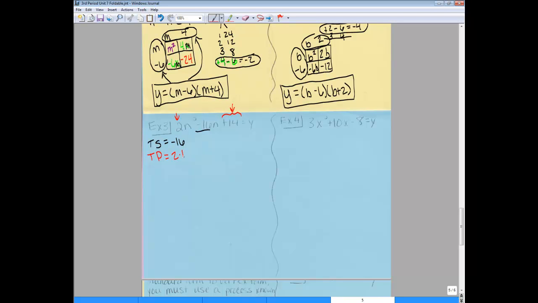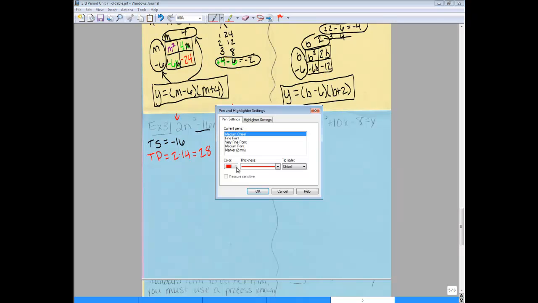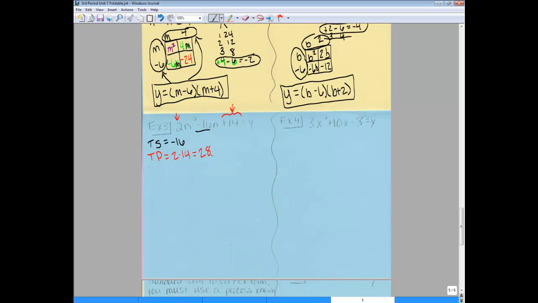So 2 times 14, which is 28. So 28 factors. We have 1 and 28, 2 and 14. Oh, 3 doesn't go into it. Sorry. 4 and 7.